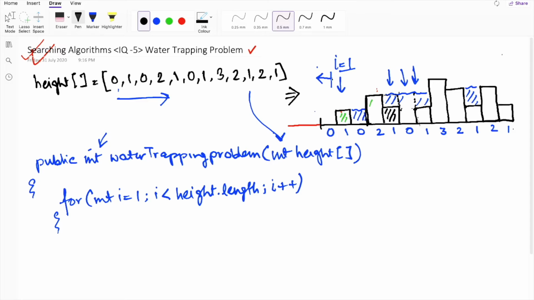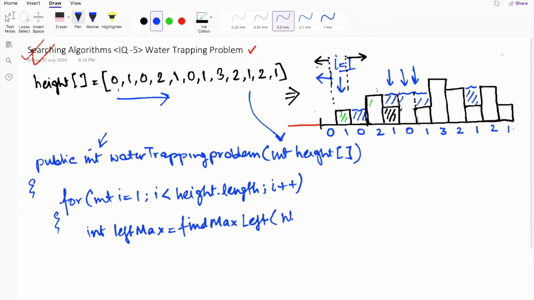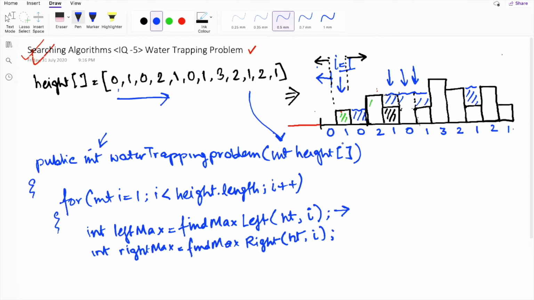So the next step is we need to find the maximum height of the block present on the left side, and then similarly we have to find the maximum height of the block present on the right-hand side. So here we will call two functions that will find the maximum height of the block on the left side and on the right side. So this function will return the maximum height of a block present on the left side of this block, and this function will return the maximum height of the block present on the right side of it.